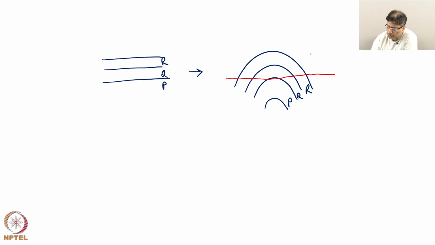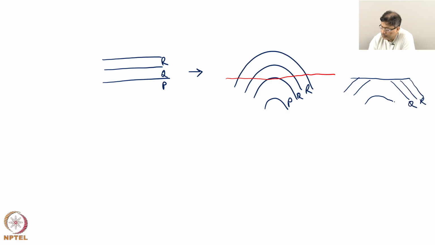All the materials, rock materials above this red line got eroded. So, what the appearance will be? So, here is R, Q and P, here is P, this is Q and this is R.